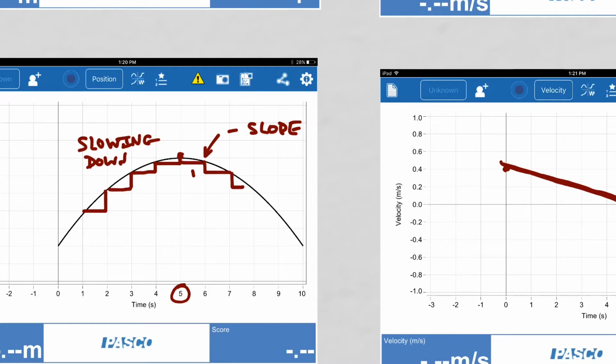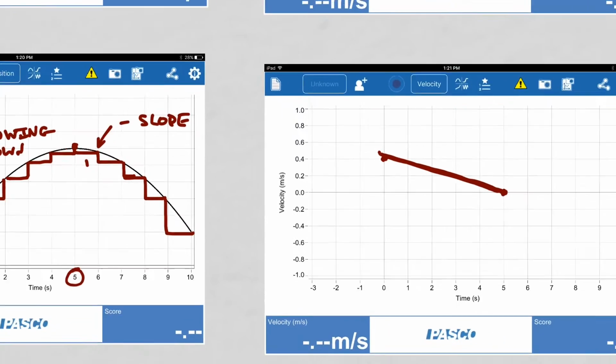You can see how the rises are getting bigger and bigger and bigger with their corresponding runs that are staying the same 1 second. But they're getting bigger and bigger in the negative direction. Remember, because we have a negative displacement all throughout, this whole line has a negative slope because it's going back towards 0.